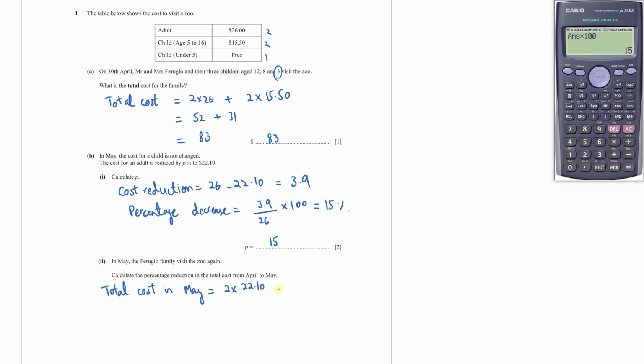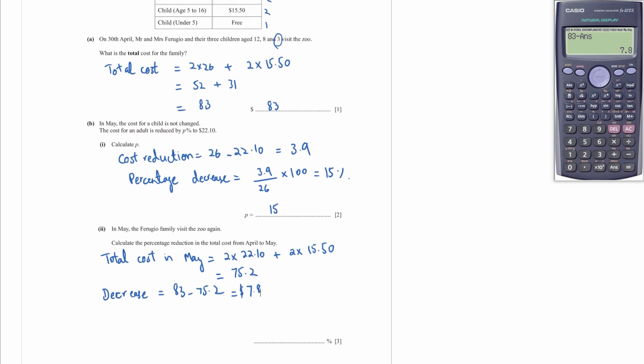The children's tickets are unchanged, so this will remain the same. So this is 2 times 22.10 plus 31, which is $75.2. So the decrease in cost is 83 minus 75.2, which is $7.8.